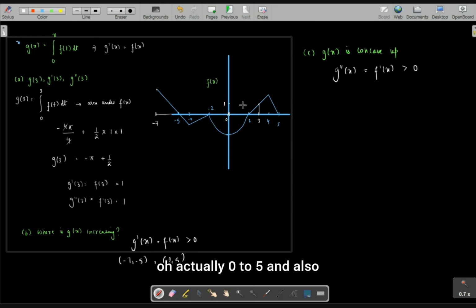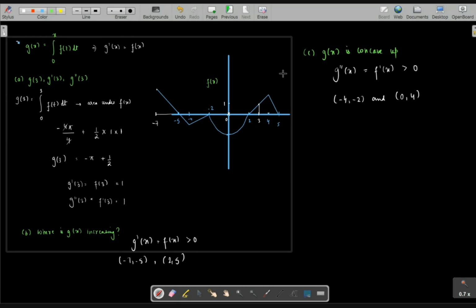Actually 0 to 5 and also -4 to 2. -4 to 2, but not 0 to 5, 0 to 4, right? Because after 4 it is falling. Sorry, I didn't see that real quick. Yes. So from -4 to -2 and 0 to 4.